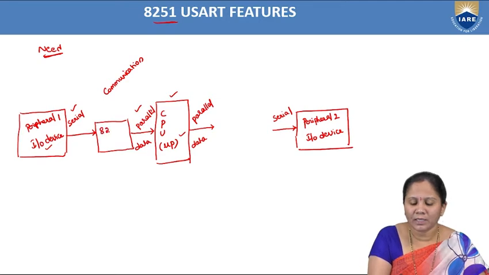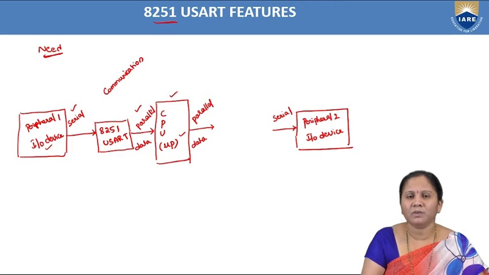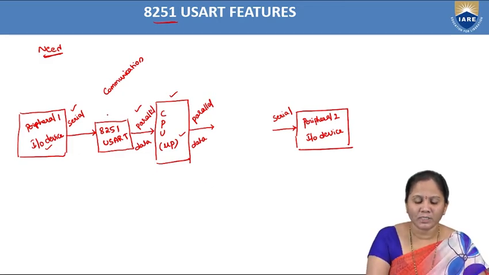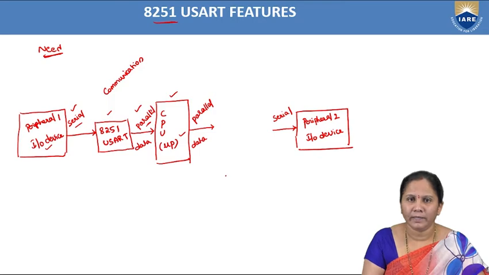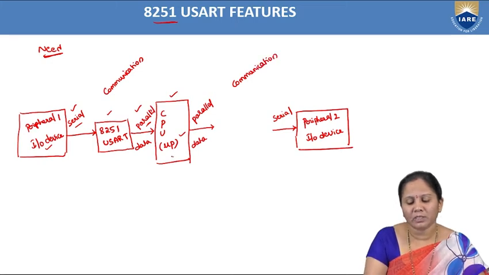This IC is the 8251 USART, Universal Synchronous Asynchronous Receiver Transmitter. So this IC will be converting the serial data into parallel data.